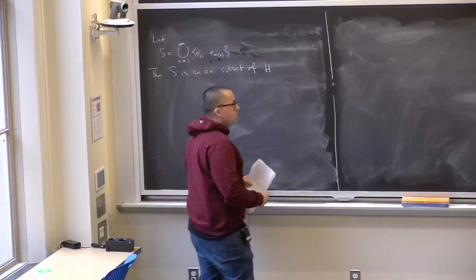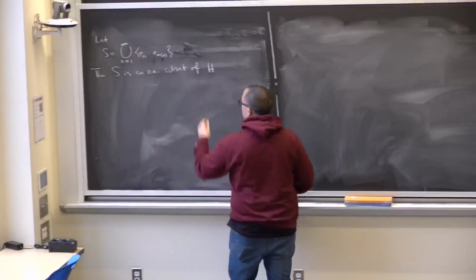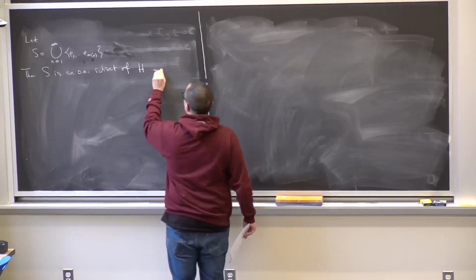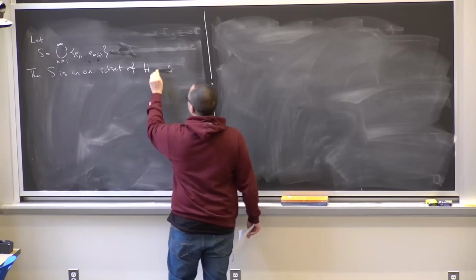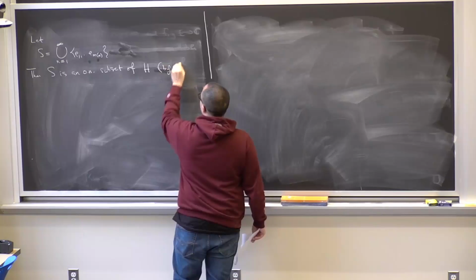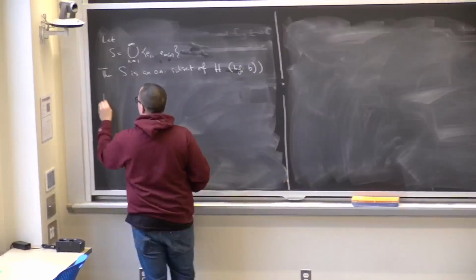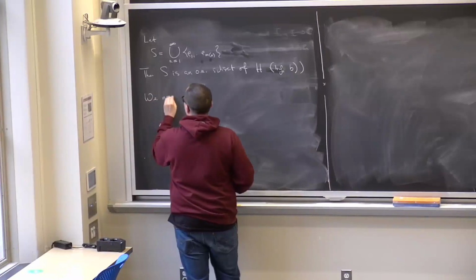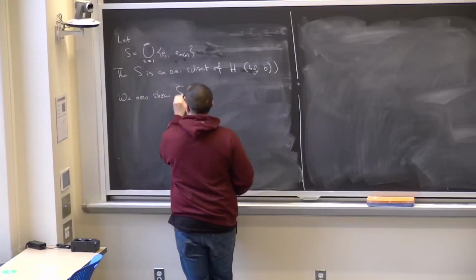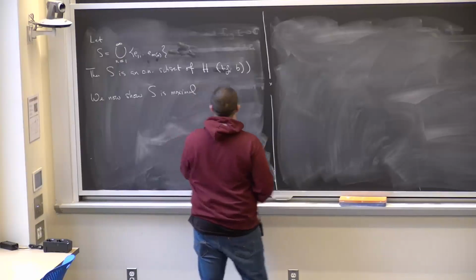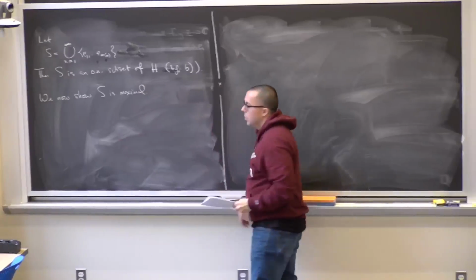That's also possible. But I may also have a countably infinite collection. So this is an orthonormal set by B. And so we now show S is maximal. Okay?